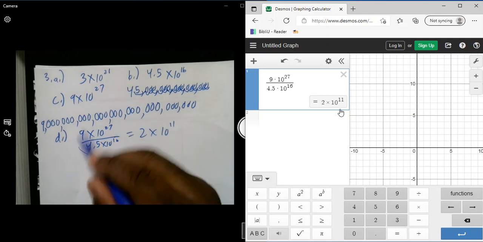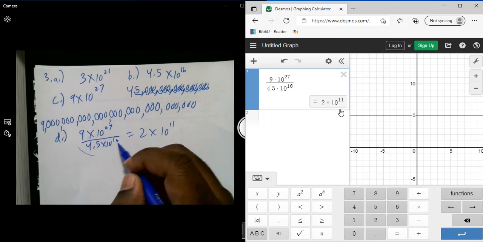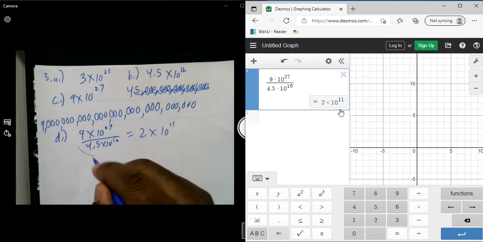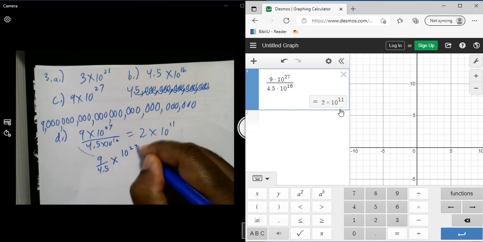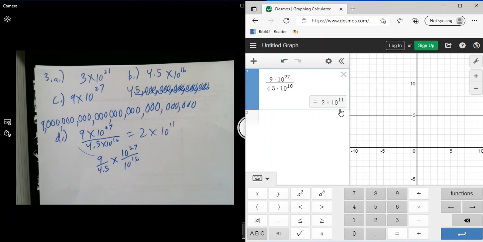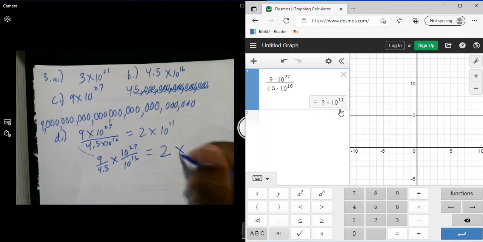So we take this same value here. What I like to do whenever I have a scientific notation divided by a scientific notation, I separate the values. So I have 9 over the 4.5 times 10 to the 27th over 10 to the 16th. Now 9 divided by 4.5 is just 2 times.